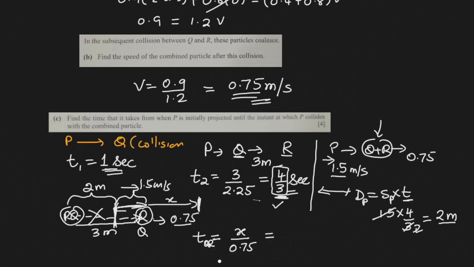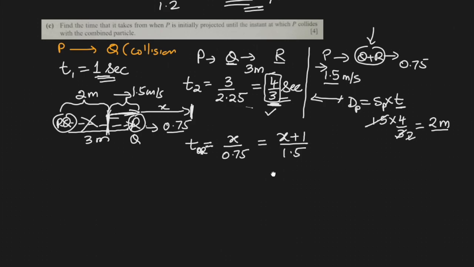The same time will be taken by P to collide with them, but it will cover more distance, x plus 1 meter, divided by 1.5 meters per second. So this will give us x. Now let's make some space here and cross multiply. I hope you understand. I'm trying to be as clear as possible.